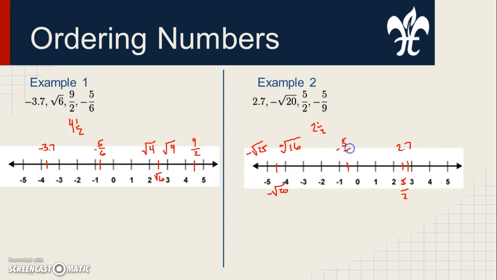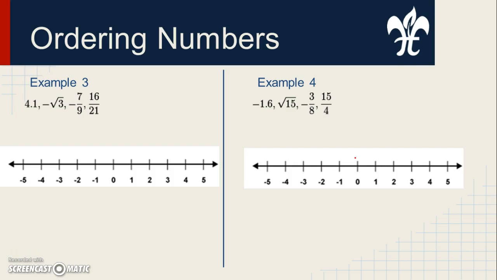Negative 5/9. Up to 4.1. Negative radical 3 is between negative radical 1 and negative radical 4.